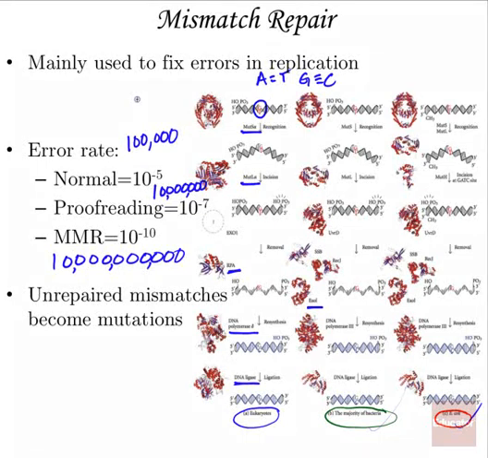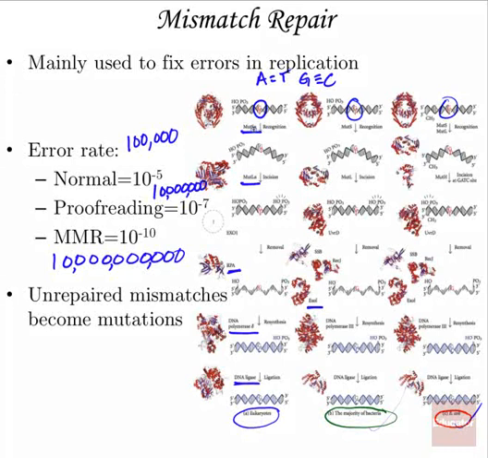Now, an important thing to see is, how do we recognize a mismatch in the first place? We see that mismatch because it is somewhat bulky, and that is how this original protein, MutS alpha in eukaryotes, finds that mismatch. But just as important a question is, how can we tell which of the two strands has the error?